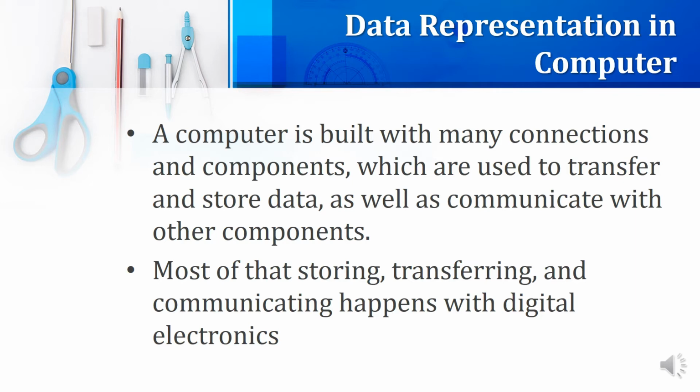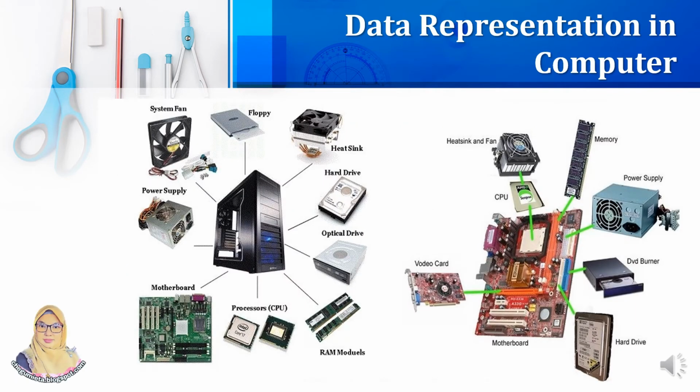As you all know, a computer is built with many connections and components which are used to transfer and store data as well as communicate with other components. Most of that storing, transferring and communicating happens with digital electronics. As you can see here, these are some of the components that we have in our computer, but this picture shows the components for a personal computer.